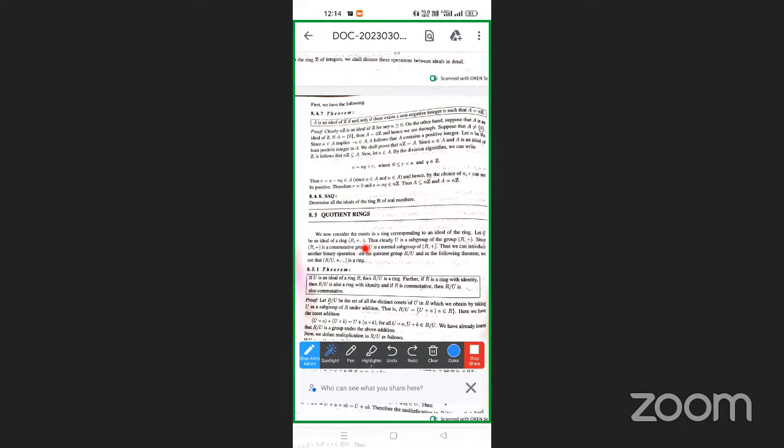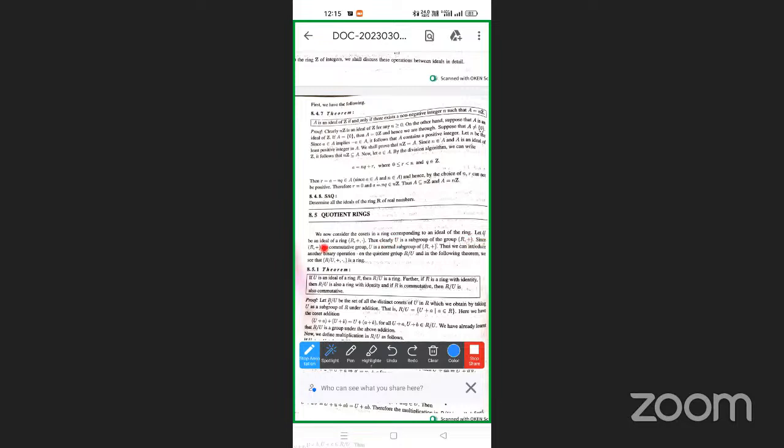Next, factor ring or quotient ring. A factor ring or quotient ring is nothing but R by U, where R is a ring and U is an ideal. Definition: consider the cosets in a ring corresponding to an ideal of a ring.